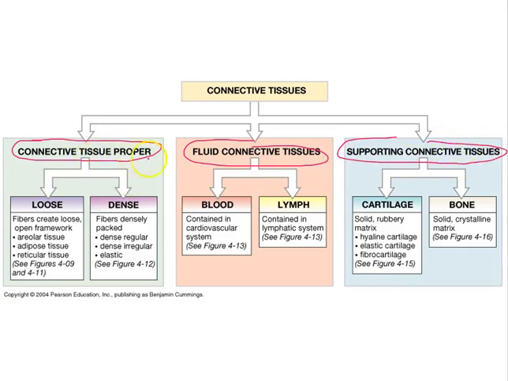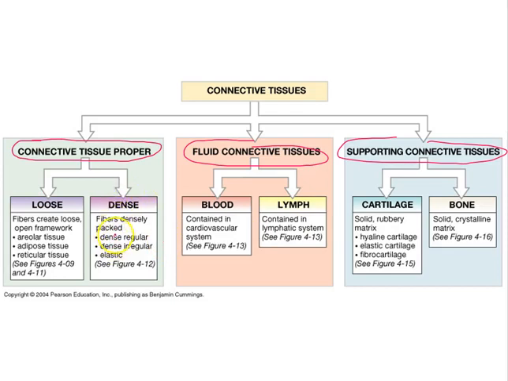Under connective tissue proper, we have loose connective tissue, in which the fibers create a loose open framework, and we have different types of loose connective tissue like areolar tissue, adipose tissue, and reticular tissue. And also there is connective tissue in which the fibers are densely packed, which we call dense connective tissue.